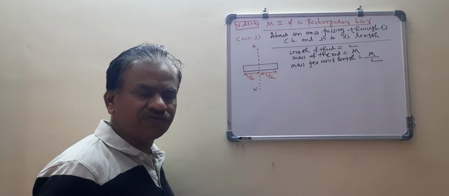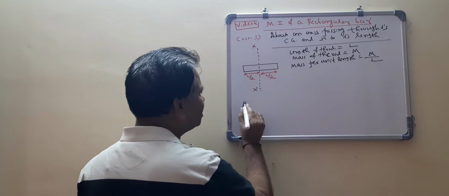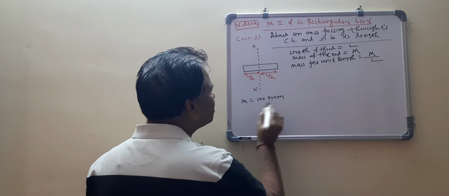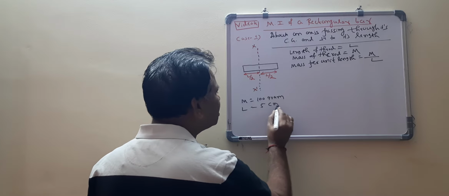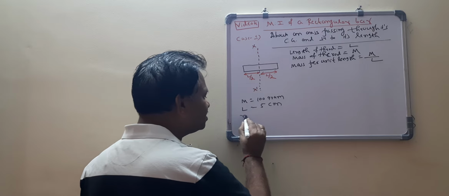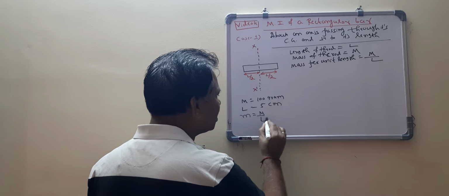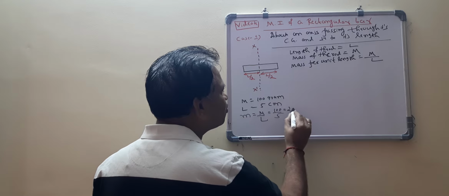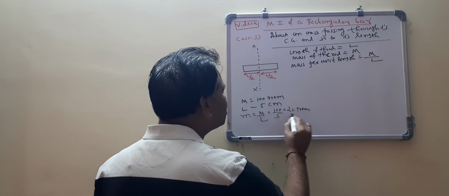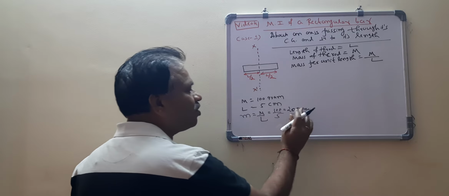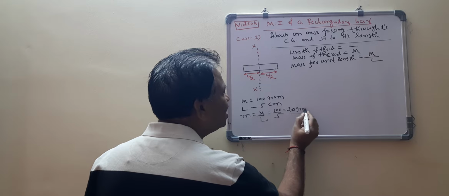What is the meaning of it? Suppose this rod has a mass of 100 gram and a length of 5 centimeter. Then per centimeter, m equals M by L equals 100 by 5 equals 20 gram. What is the meaning of this? For every centimeter, the mass of this rod is 20 gram.